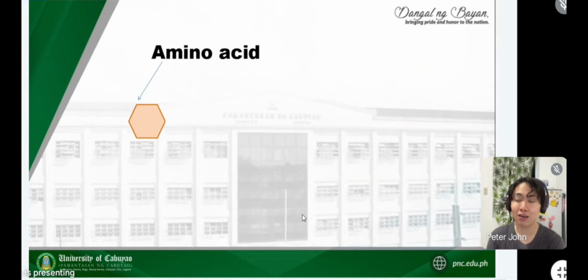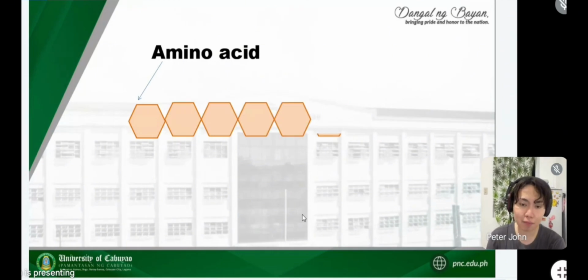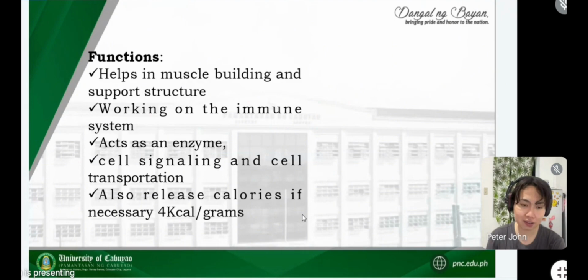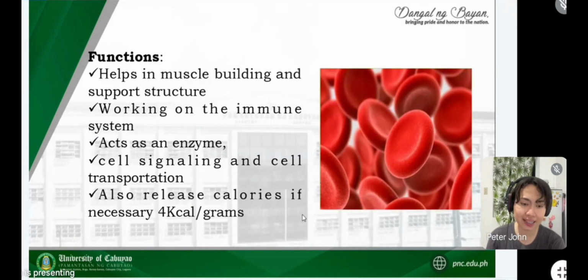So, sobrang vague or mas malawak yung category niya. Pero, ifo-focus na natin yung mga importante. So, ito po kanina, amino acid, yung isa lang. Dahil pag pinagsama mga amino acid, we can form a protein. Yan. So, the function of protein, so dagdagan natin, helps in the muscle building and support structure.